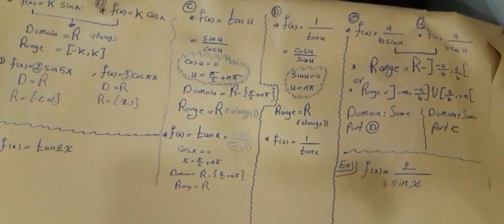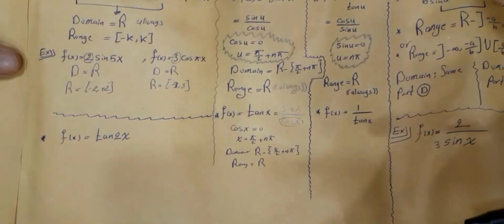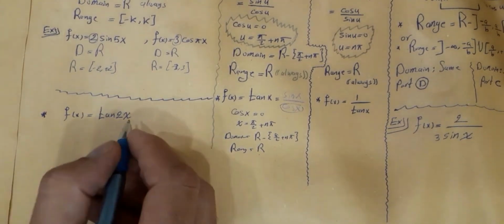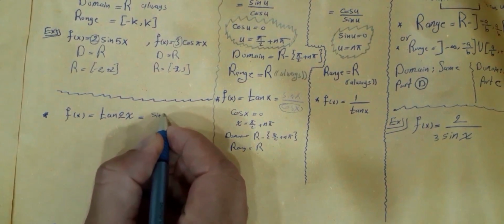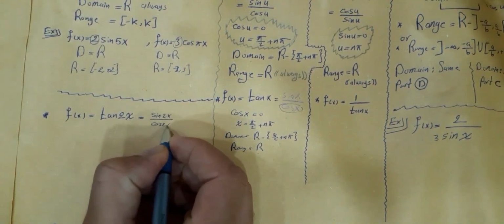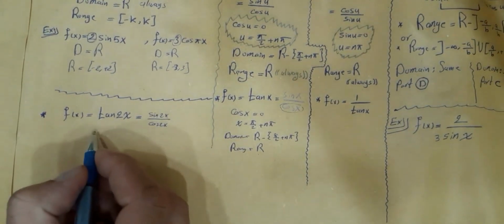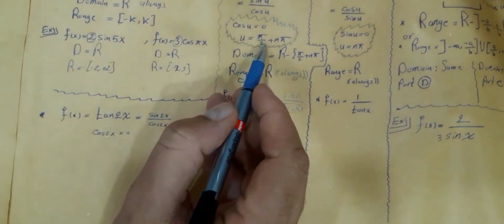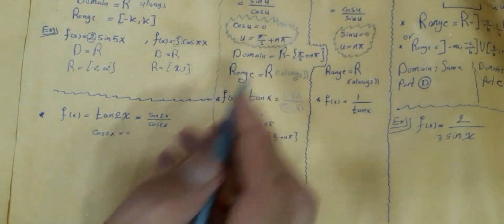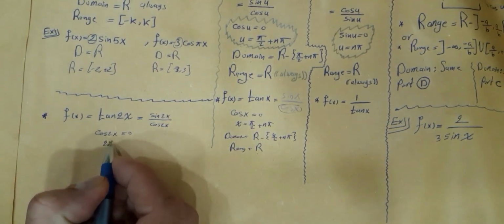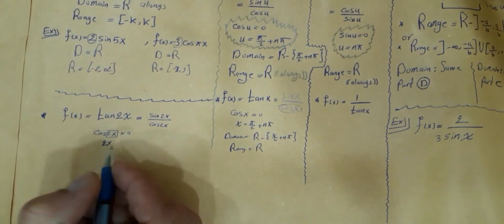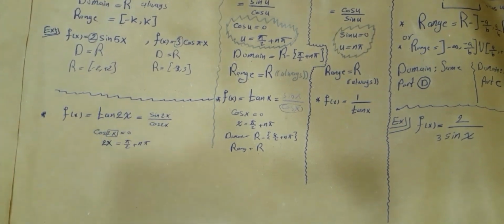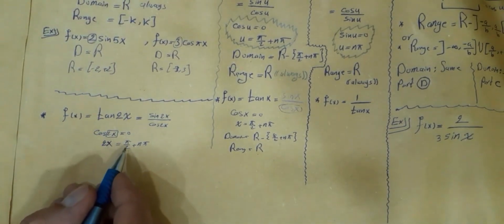Another example for the tangent function, for example f of x equal to tan 2x. Of course tan 2x means sin 2x divided by cosine 2x. In the same way, the denominator cosine 2x not equal to 0. By this rule, if cosine u equals 0, then u, meaning 2x, equals pi over 2 plus n pi.